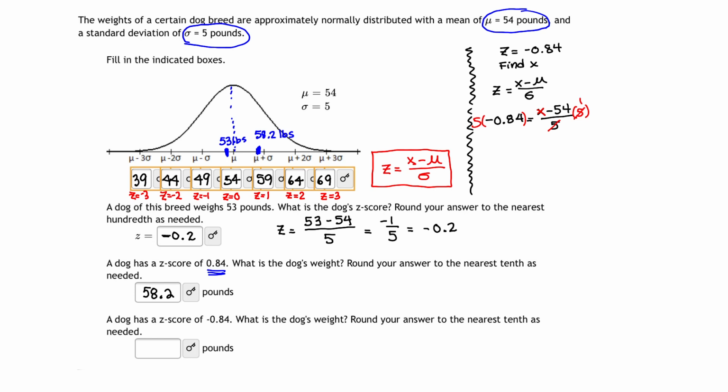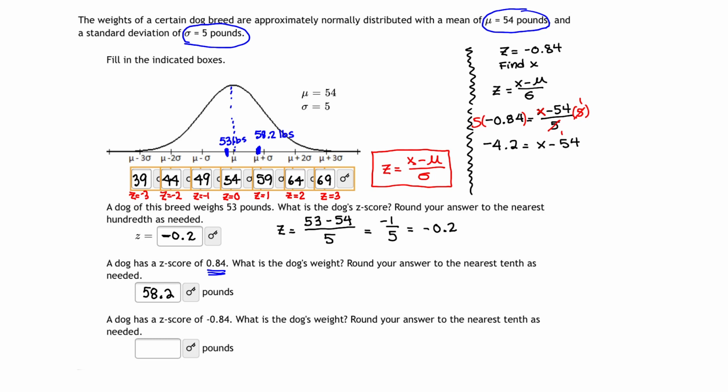That clears it out on the right side, and on the left side, it's going to give me 5 times negative 0.84. And we already did that up top, so that's going to give me negative 4.2. That equals x minus 54.